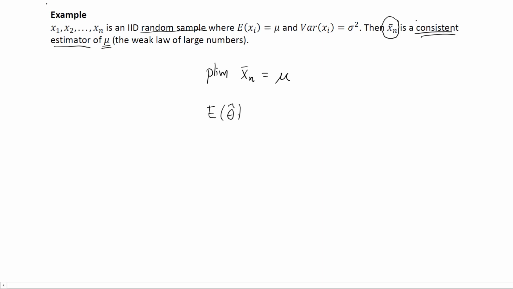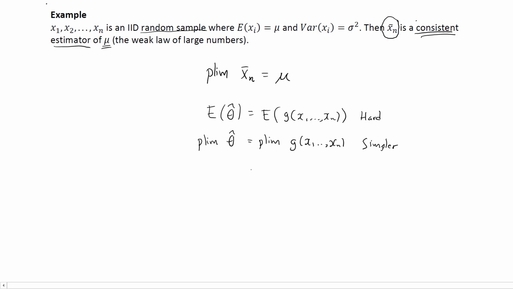As you continue doing statistics, it will become clear that even though the expected value of an estimator, that is the expected value of this function of my sample, may be very hard to calculate, the probability limit of theta hat, which is the probability limit of g of x1 through xn, is very often much simpler.